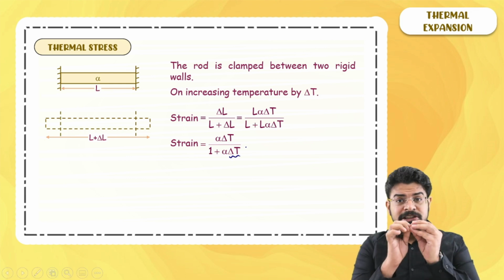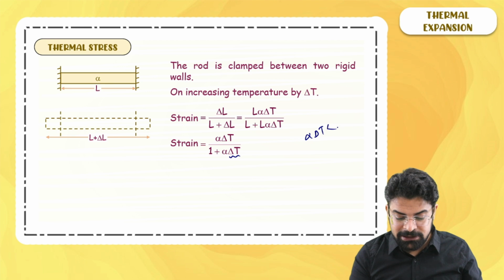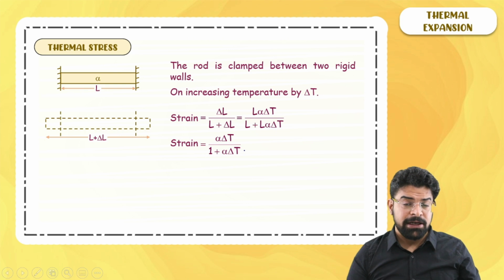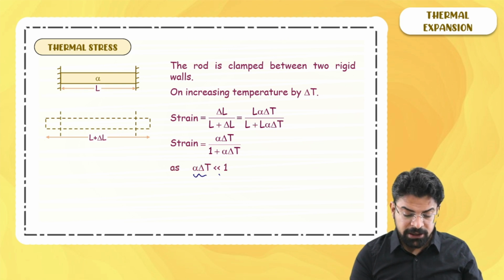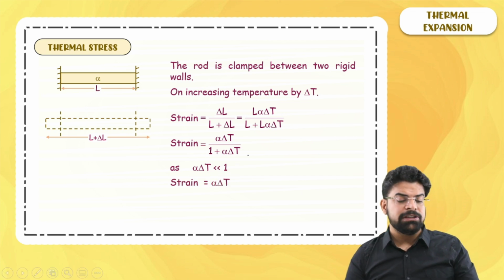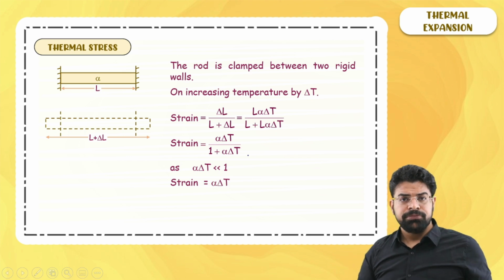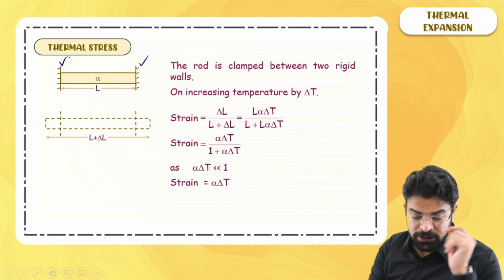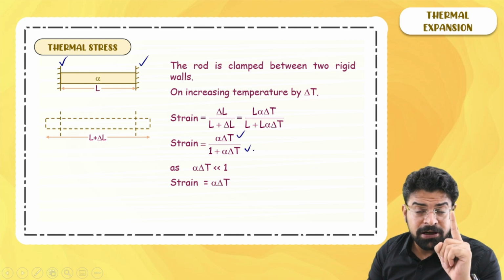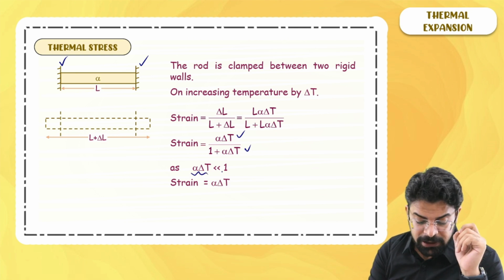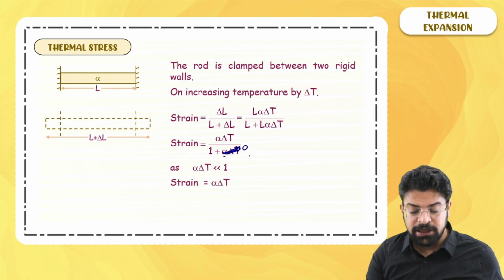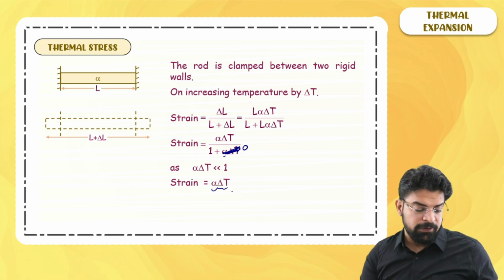So if the temperature change is small, and alpha delta T is less than 1, then you can neglect alpha delta T in front of 1, and you can write strain to be equal to alpha delta T by 1, which is alpha delta T. So the thermal strain produced due to the forces by the wall equals alpha delta T upon 1 plus alpha delta T. But since in the real world alpha delta T is less than 1, we can neglect alpha delta T in addition with 1 in the denominator, and you get strain equals alpha delta T.